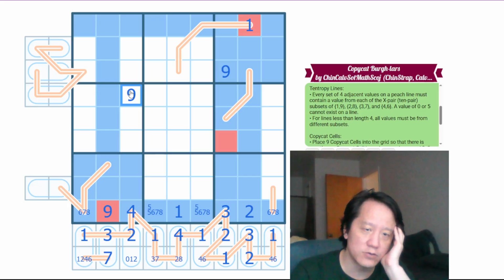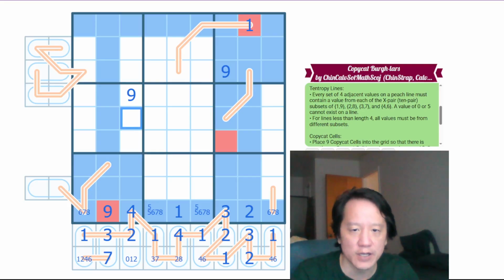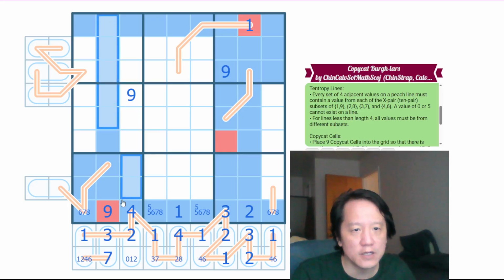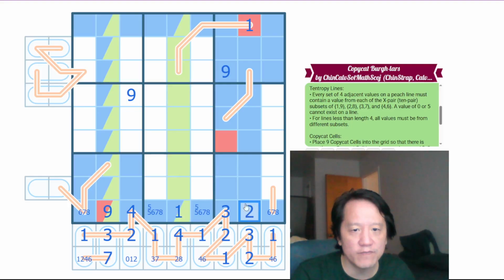Well, without 9 as the sums, which is counting these 4. Yeah, maybe we should be showing which ones are counted. So counted in column 2 has to be these. Column 3 are all of these. Column 5 is all of those.